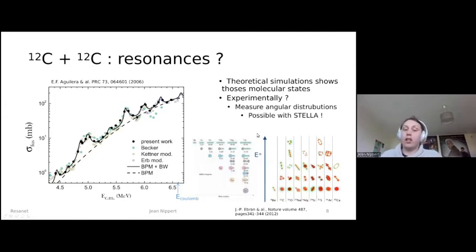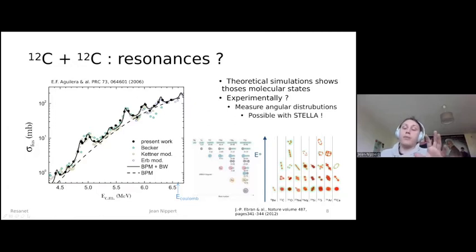And Ebro and collaborators did explain it by doing a microscopic calculation, and they saw, for example, in magnesium-24, some configurations of 2 carbons or oxygen plus 2 alpha, and so on.